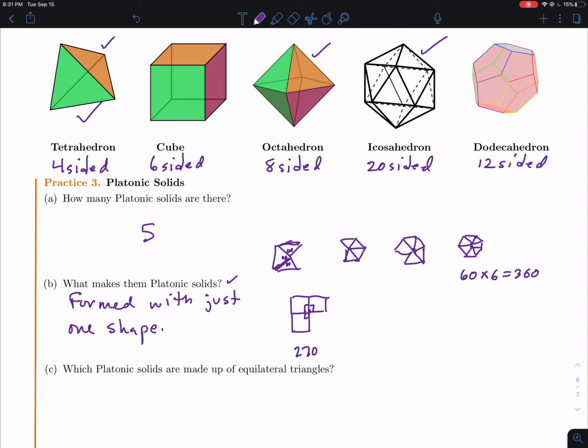So that allows me to fold it and turn it into a 3-dimensional shape. But what happens if I try to put 4 squares together? Well, that adds up to 360 and I get a flat again. So that's why there's only one square Platonic solid, because it needs 3 shapes to get that point. If I go up to 4, it's a flat. It's no longer going to be a 3-dimensional object.